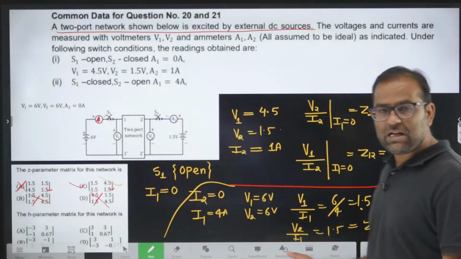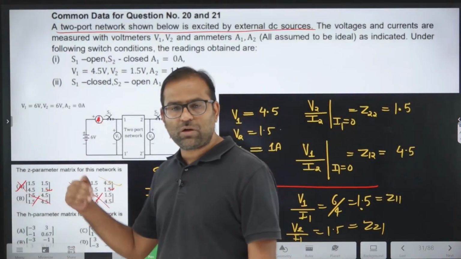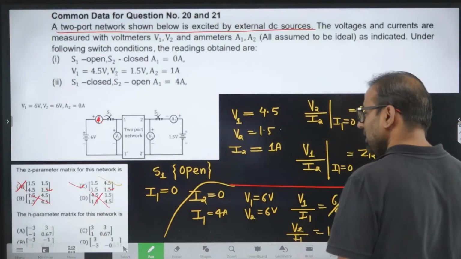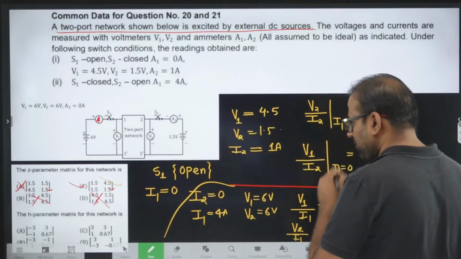Now what they are asking for is the H parameter also. So here we have to convert Z into H. And how we can do this? So 1.5, 1.5, 4.5, 1.5.